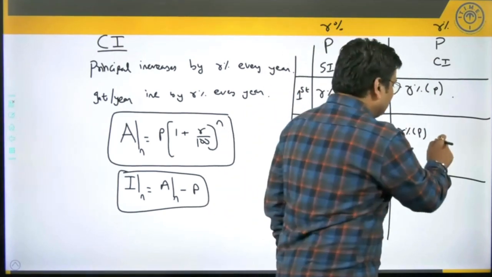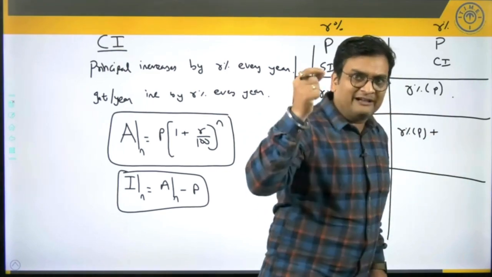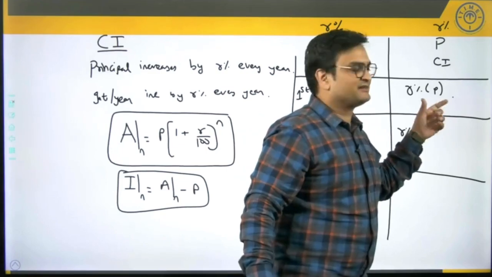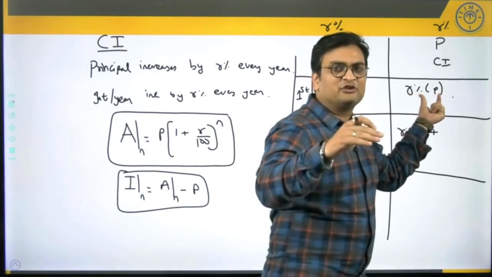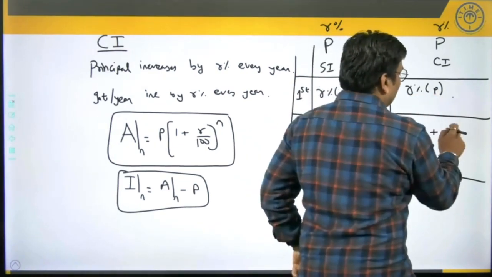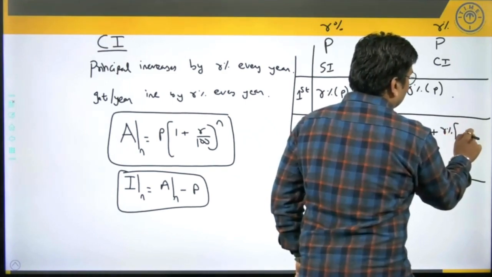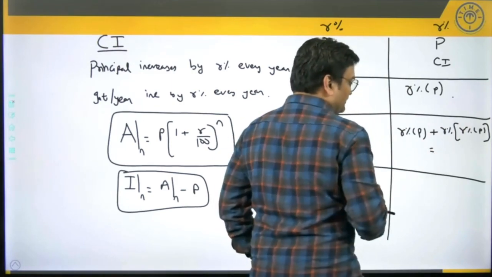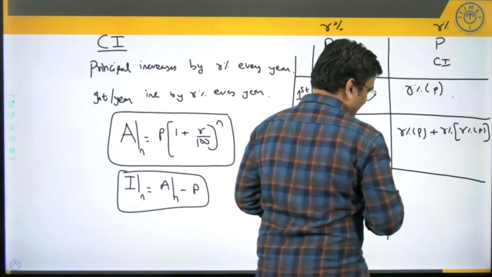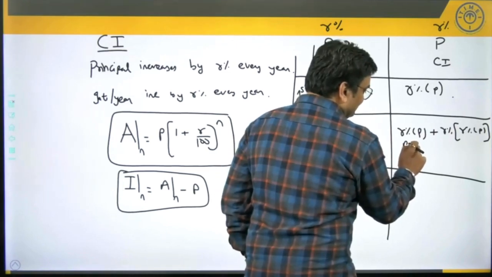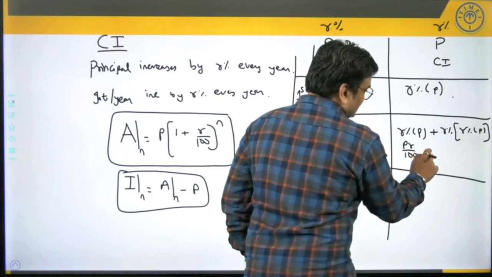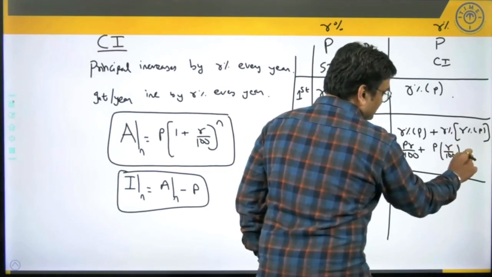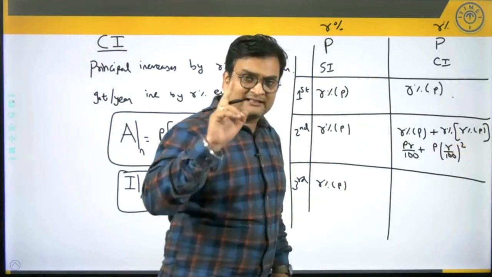Besides that, there is going to be some more interest calculated on account of the first year interest which is generated here. So this R% of P is going to give you further interest as R% of P. When you simplify this, it is nothing but P into R by 100 the whole square. That is the second year interest under CI.